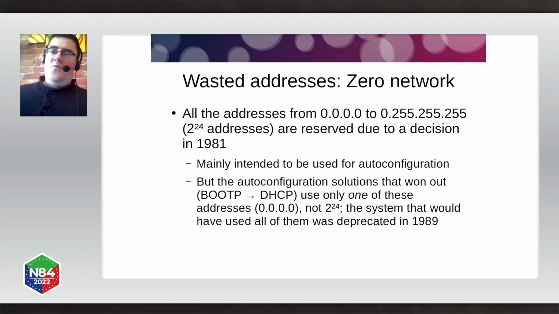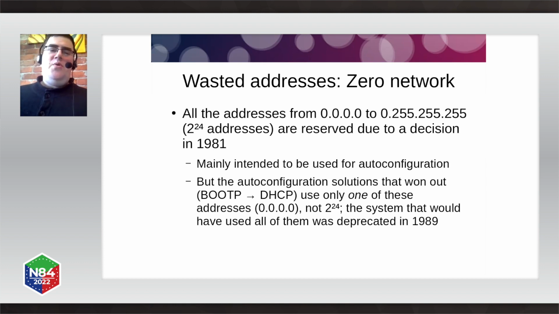A smaller network that's also reserved due to a very early decision in 1981, before we had DHCP and more modern auto-configuration mechanisms, there was a proposal for an ICMP-based auto-configuration mechanism that would perform some of the tasks that we now accomplish with DHCP.